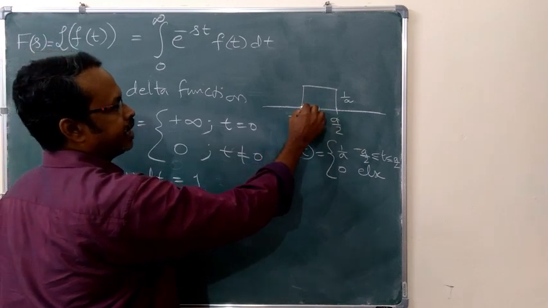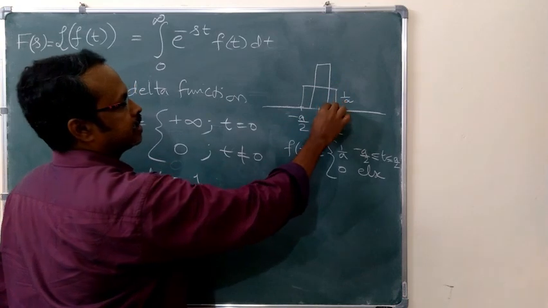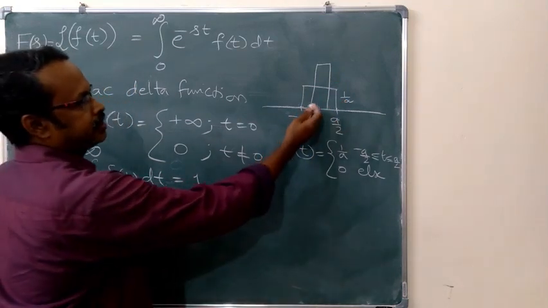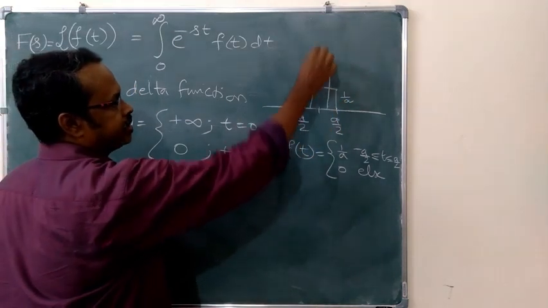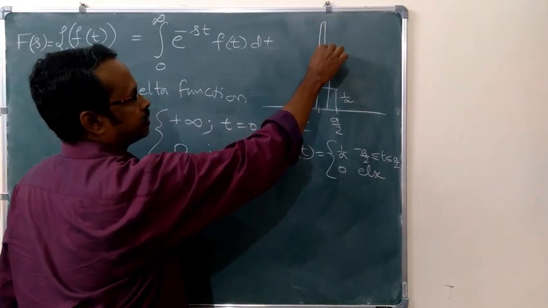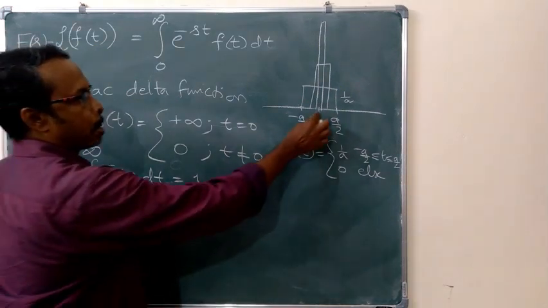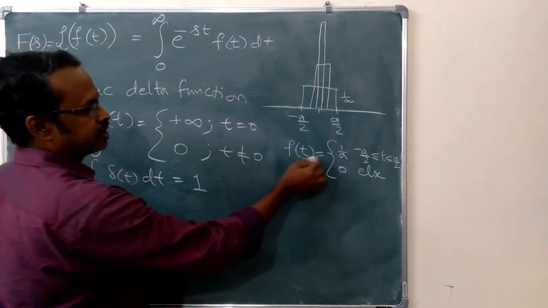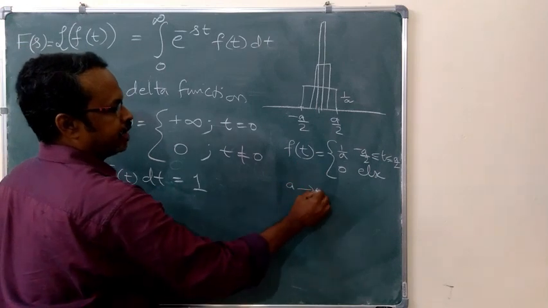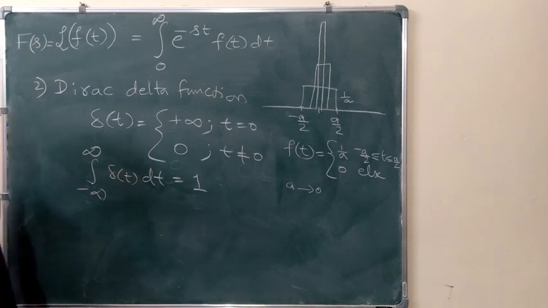Now as you tend a to 0, you can see that the width gets reduced and the height increases. So as a tends to 0, this function tends to the so-called Dirac delta function.